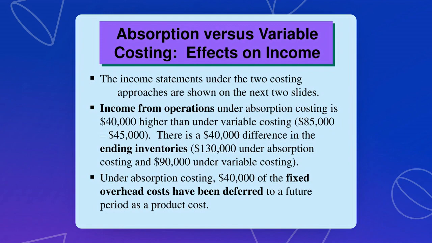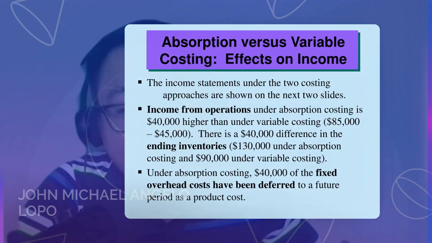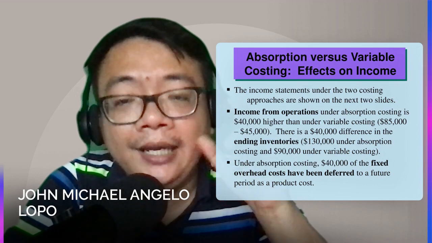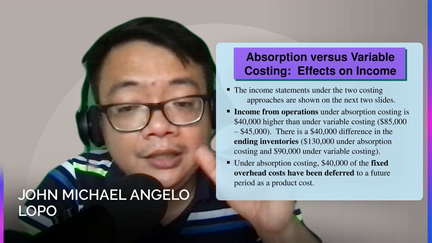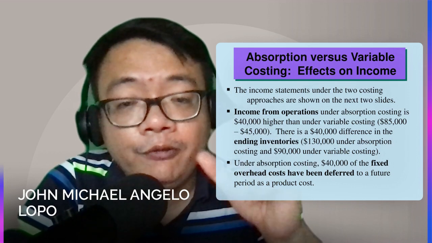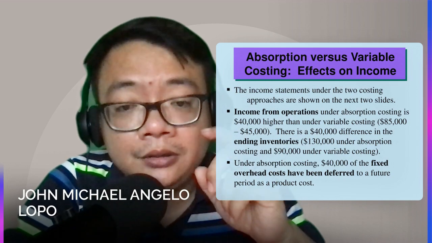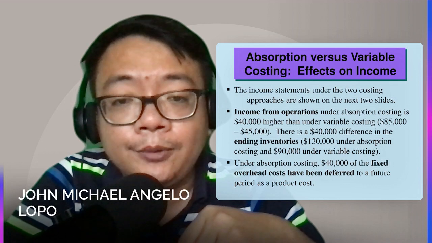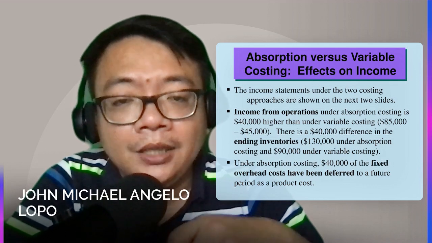So, meaning to say, class, when you want to reconcile the variable and absorption costing, it is only the ending inventory. Kasi nga, ang difference lang is all about the fixed manufacturing overhead. If you want to know the difference between the net income of the variable and absorption costing, papaano, sir?